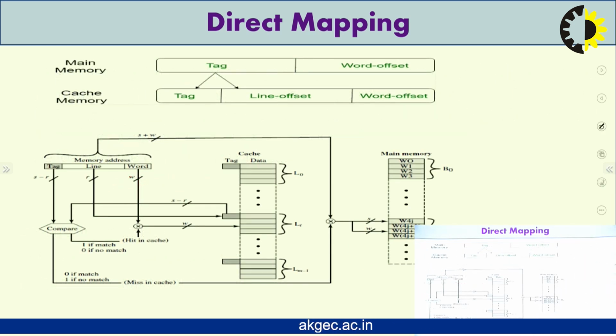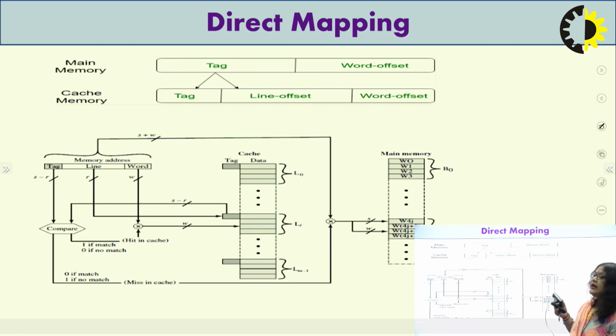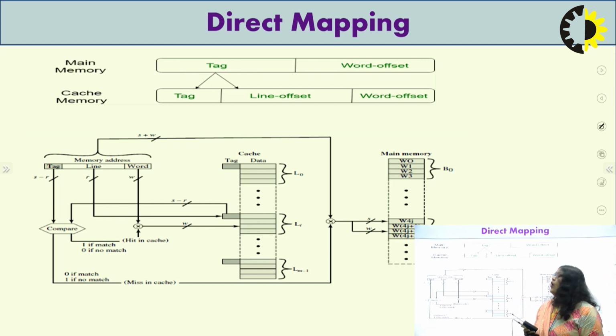Now, this is a diagram that shows the main memory and cache memory, with the tag and word scenario. Main memory is divided into the tag and the word offset, and the cache memory is defined with the tag and line.